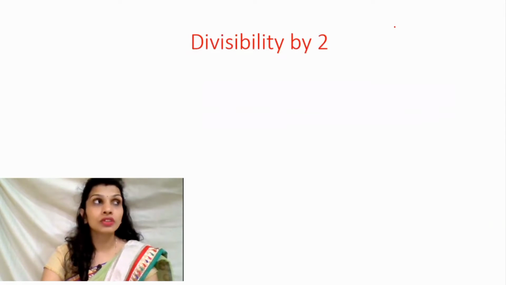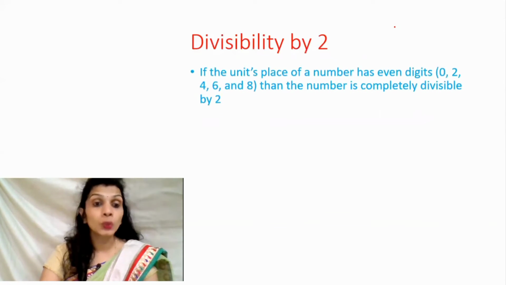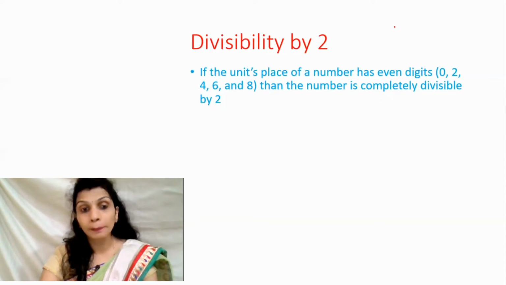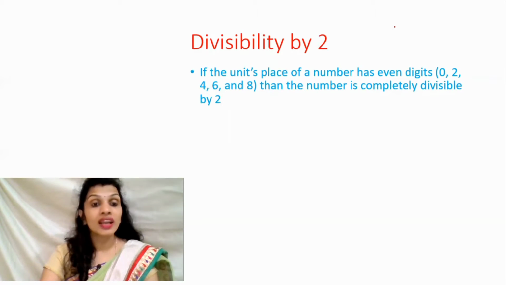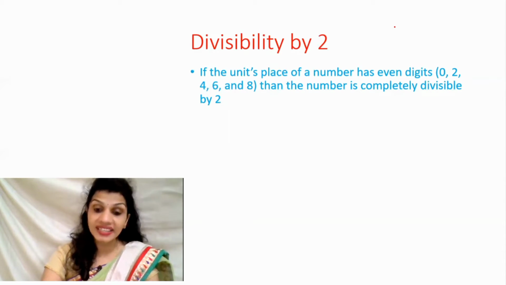So first we are going to learn about divisibility by 2. The rule says that if the unit place of a number has an even digit, that is 0, 2, 4, 6 and 8, then the number is completely divisible by 2. So we will understand it with the help of an example.